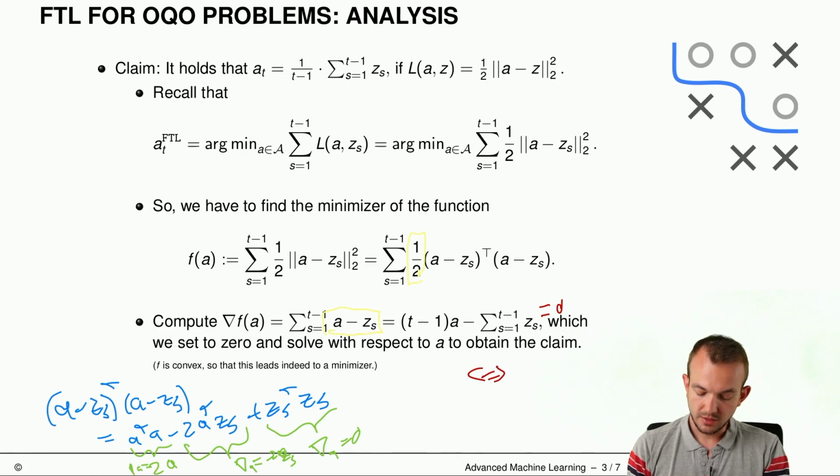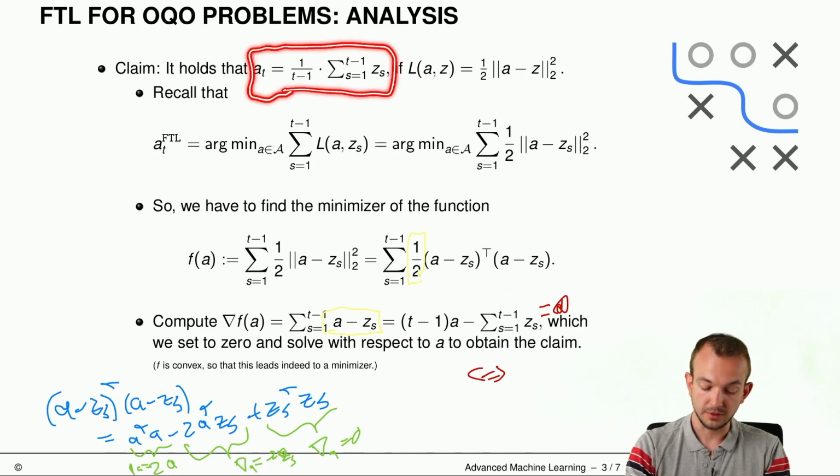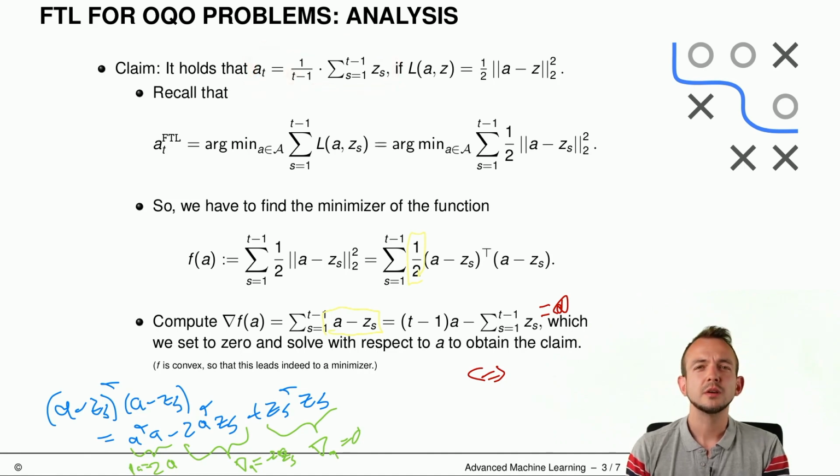Solve it with respect to a, and well, what do we do? We bring the sum of the zs on the right hand side, divide by t minus 1, and we end up with this form for the a, and this is indeed the minimizer because the function f we are looking at is in fact convex, so we have already found the minimizer if we look for the critical point.